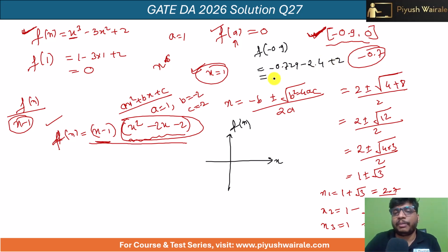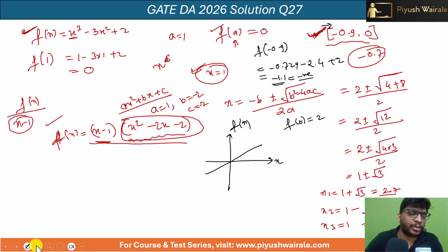So we are going to get minus 1 point something here. That is negative. If you calculate f of 0, we get 2 here, right? So if I go from minus 0.9 to 0 here, f of x is changing its value from negative to positive. It means this particular f of x is crossing the x-axis here. Okay, not at the origin because we don't know. So let me remove this.